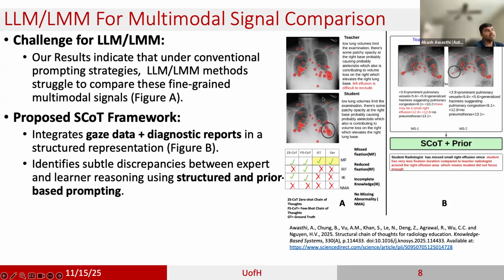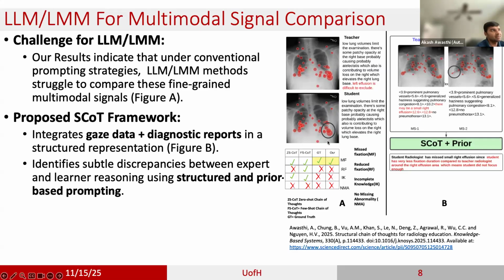We give the student and teacher data pair to an LLM or LMM and ask it to compare the two. You can see that under the current, conventional prompting strategies, the model gets confused. ZSCOT is zero shot chain of thought, and FSCOT is few shot chain of thought. GT is the ground truth.